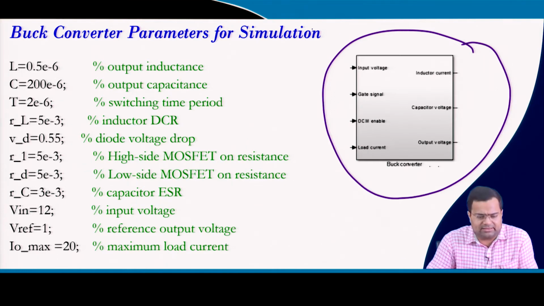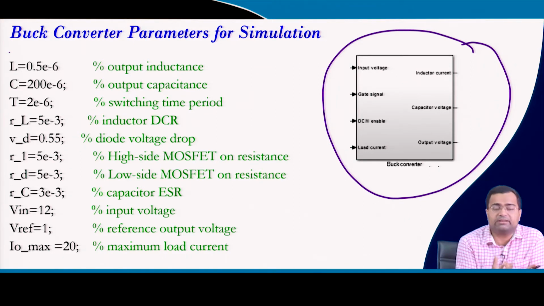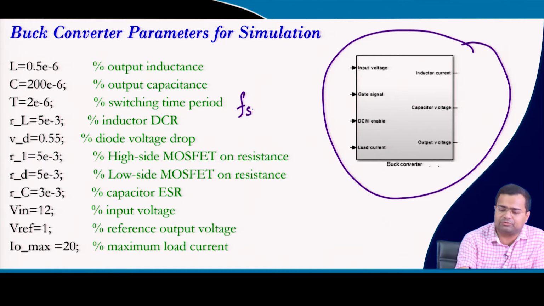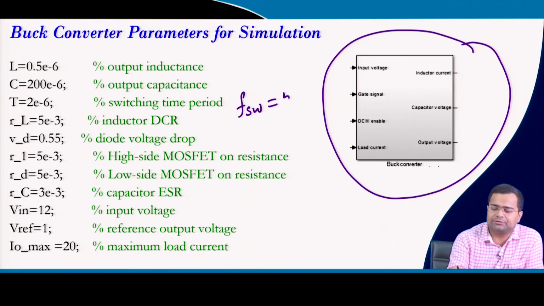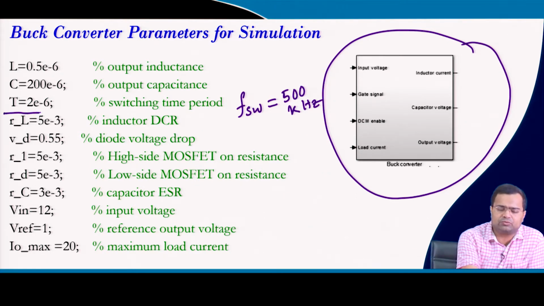For today's lecture we have taken a separate inductor resistance value, and I will discuss how we arrived at such parameter values like inductor and capacitor values. Here we are talking about a target switching frequency FSW of 500 kilohertz, so the time period is 2 microsecond.